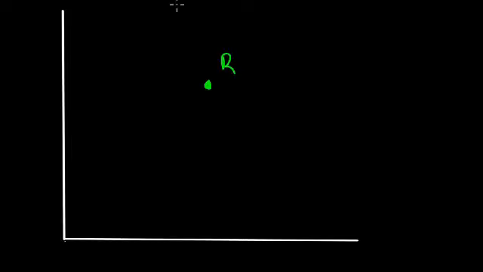In geometry, the line that is vertically above is known as the length, but in coordinate geometry, we call that an ordinate.